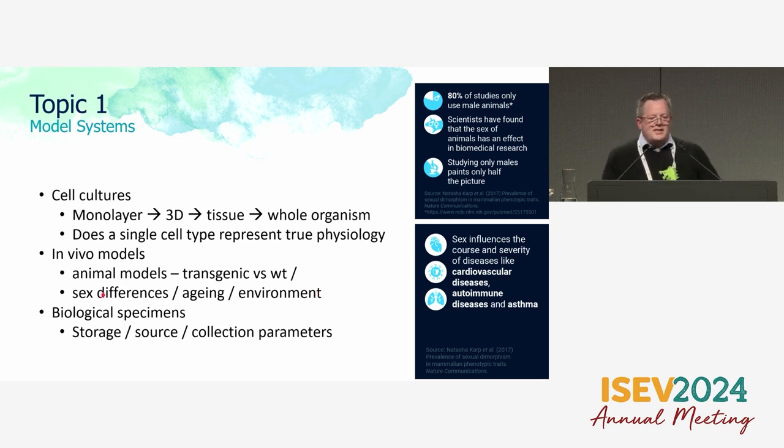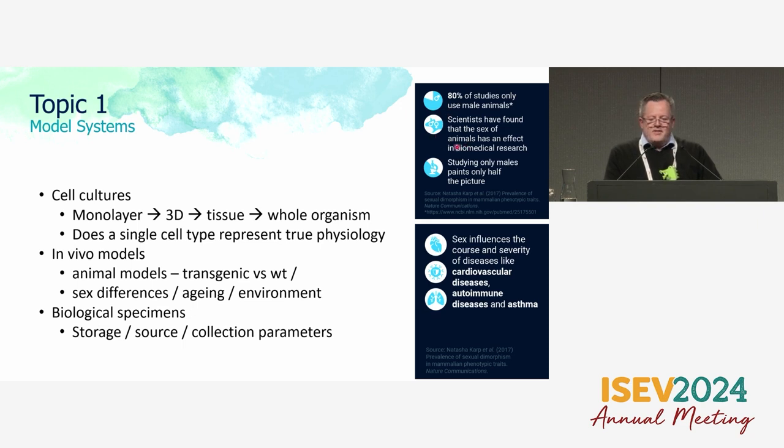And just in terms of sex differences, a number of funding agencies now are coming out with statements around using both sexes of animals in experiments to try and decide if there are sex differences or not. And there's some statistics over here, this is from a few years ago, that 80% of studies in mice only use male animals.